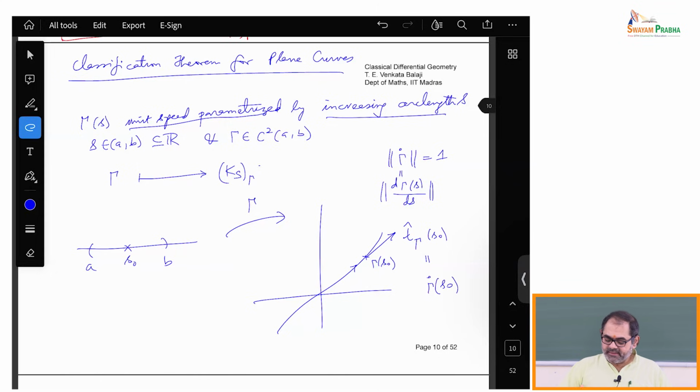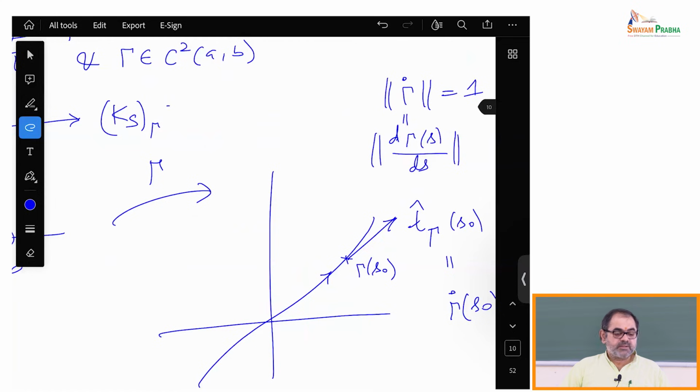Then you have the so-called signed normal, in this direction. This is N_S. The subscript is capital S for signed, and the small s is for arc length, so don't get confused. So you have N_S of gamma at s0.